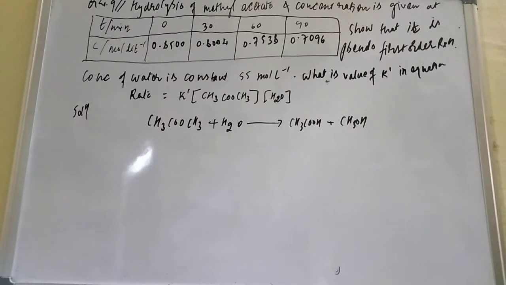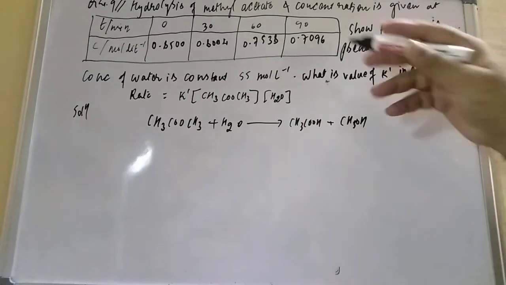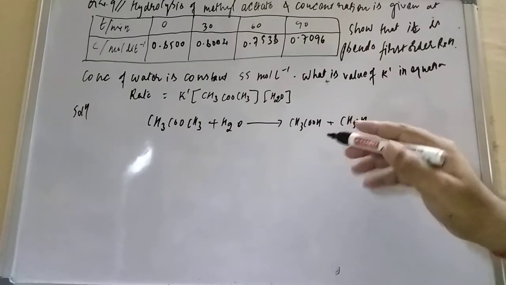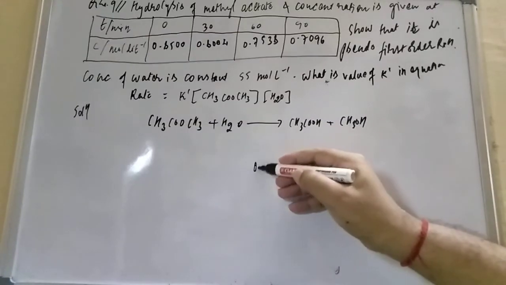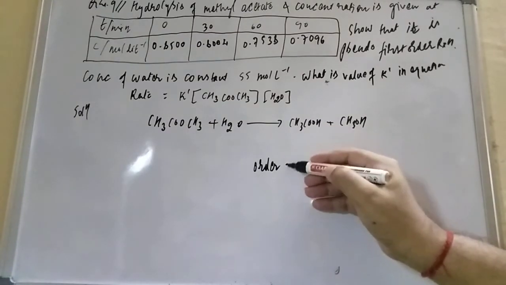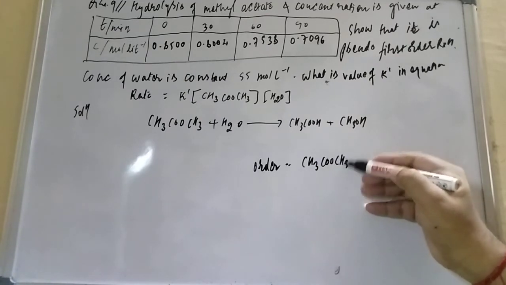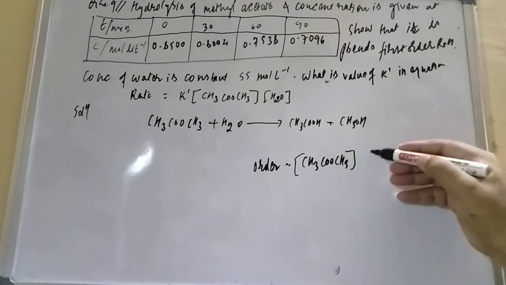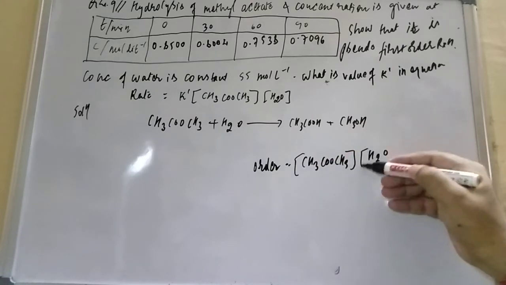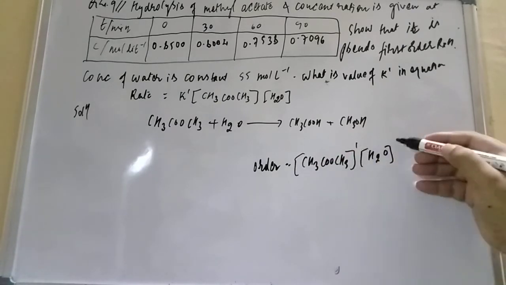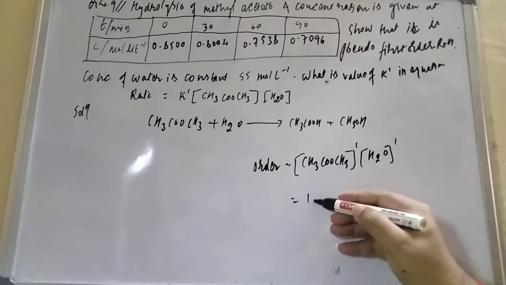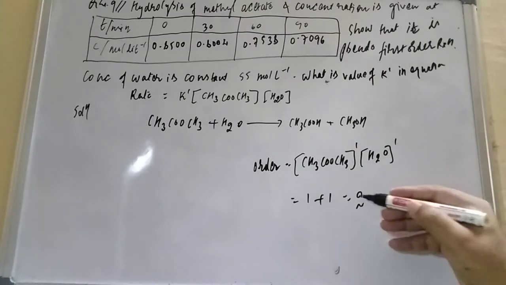What is a pseudo first order reaction, student? It looks like a second order reaction. If you want to see the order, the rate will be CH3COOCH3 in one bracket and H2O in another bracket. The sum of the powers is 1 plus 1, so the order looks like 2.